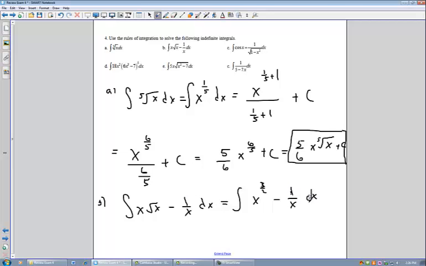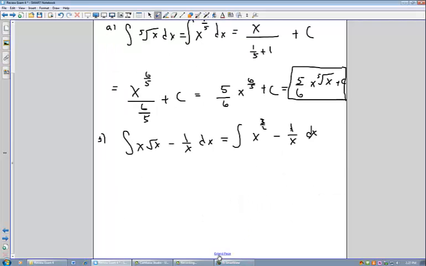And so down here, the integral of x to the 3 halves, that's a power rule. So you add 1 to it, so 3 halves plus 1 is actually 5 halves. And then divide by it, so divide by 5 halves. And then minus the integral of 1 over x, which is ln of absolute value of x plus c. And so this is equal to 2/5 x to the 5 halves minus ln of absolute value of x plus c.